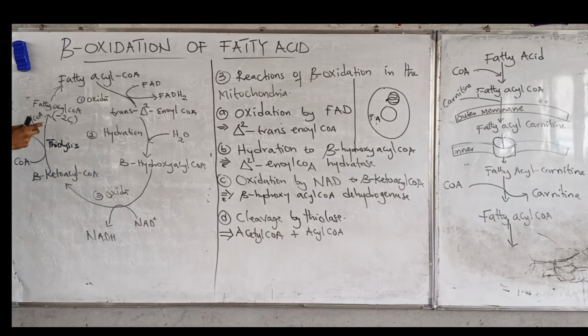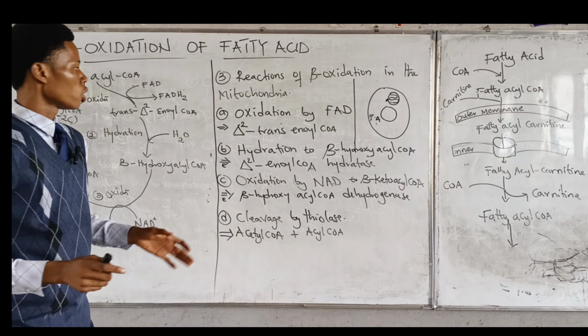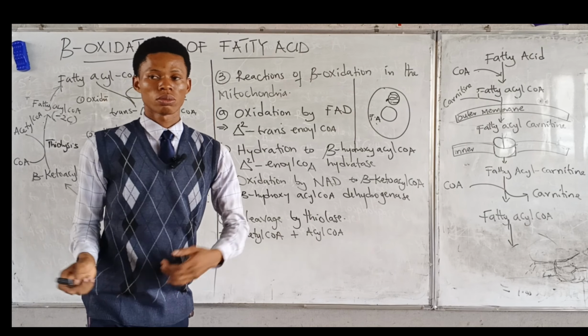Acetyl-CoA is given off. Coenzyme A combines with the fatty acyl group that is left to form fatty acyl-CoA that is 2 carbons less than the original one we started with. So it continues the cycle, and the acetyl-CoA goes into the TCA cycle to generate energy. So basically, this is it.